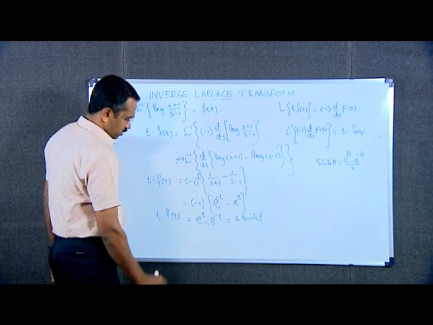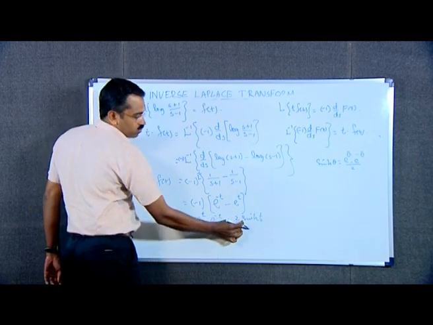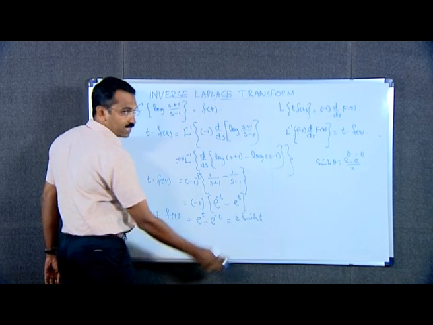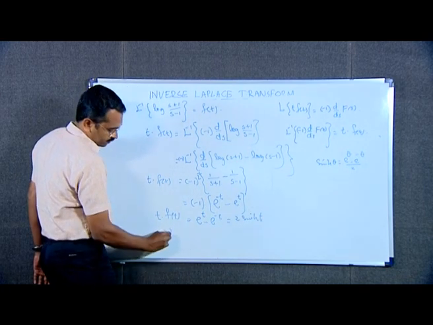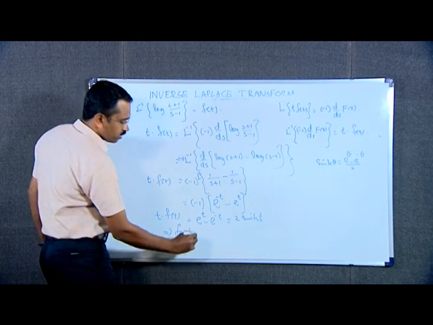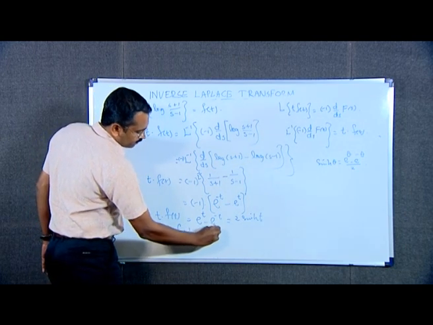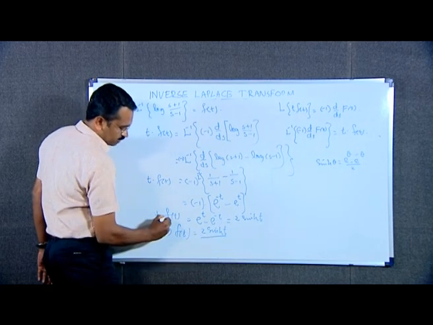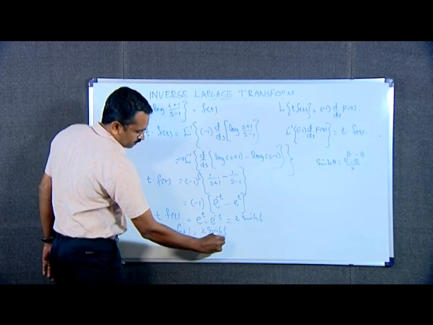Therefore, t into f of t equal to 2 into sin h t, which gives f of t equal to 2 into sin h t all divided by t.